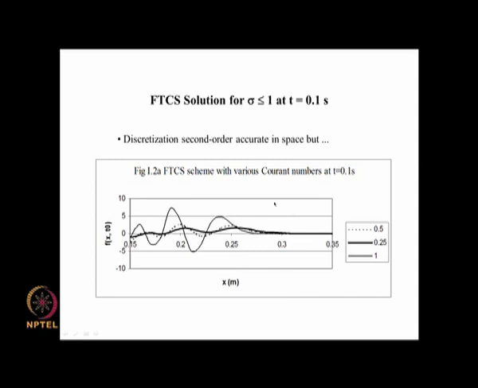And we find that the FTCS scheme, which is supposed to be more accurate at least for the space derivative than the backward in space scheme, was actually giving very wrong results even for the Courant numbers in which the FTBS scheme gave somewhat good, acceptable results.